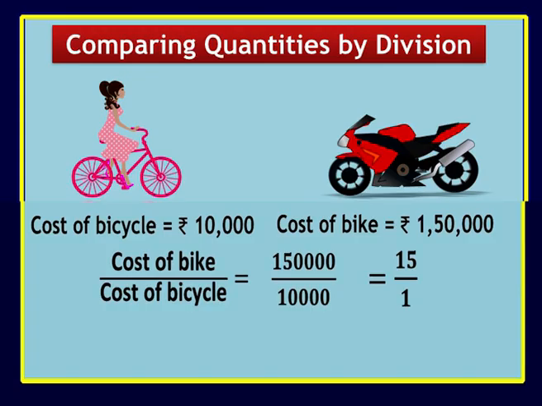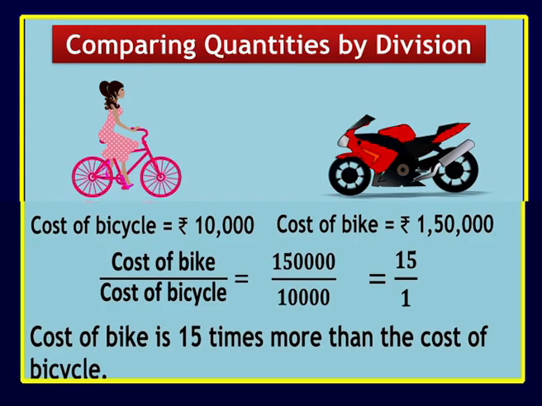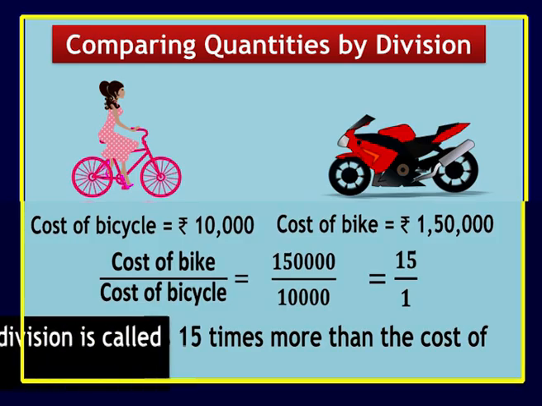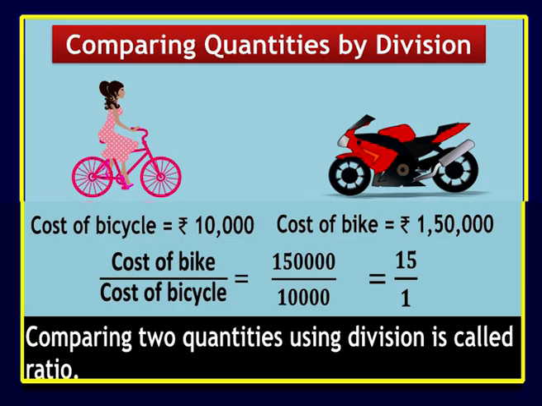That means the cost of the bike is 15 times the cost of the bicycle. So children, this is the way we compare two quantities by division, and comparing two quantities using division is called ratio. Now you understood what is meant by ratio? Comparing any two quantities using division, we call it a ratio.